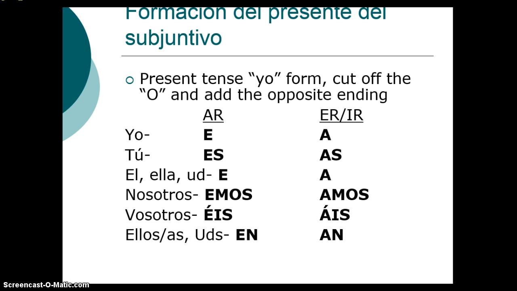We always remember that we take the present tense yo form of the verb, we cut off the o and we add the opposite ending. That will apply for pretty much every verb except for the irregulars, which we're going to look at in a moment. So our endings for AR verbs are going to be e, es, e, emos, éis, en. And for ER and IR verbs, our endings are going to be a, as, a, amos, áis, an.